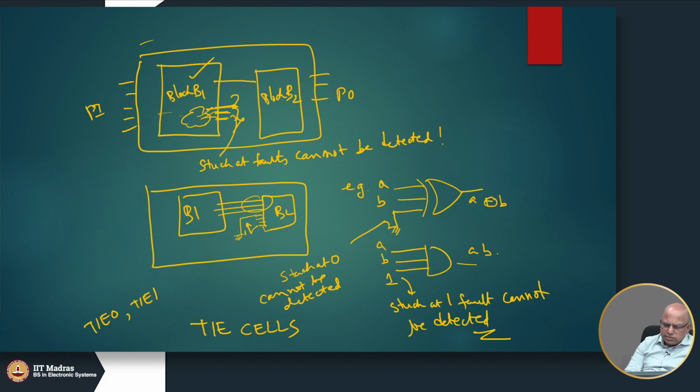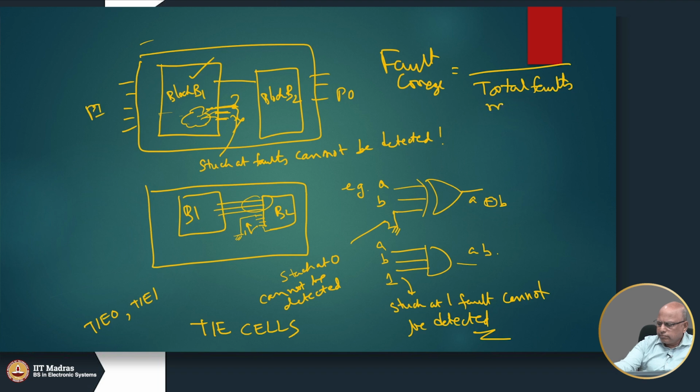So, you will realize that the fault coverage, okay, fault coverage is the total faults caught divided by the total faults modeled, that means the list of all the faults that I considered, multiplied by 100.